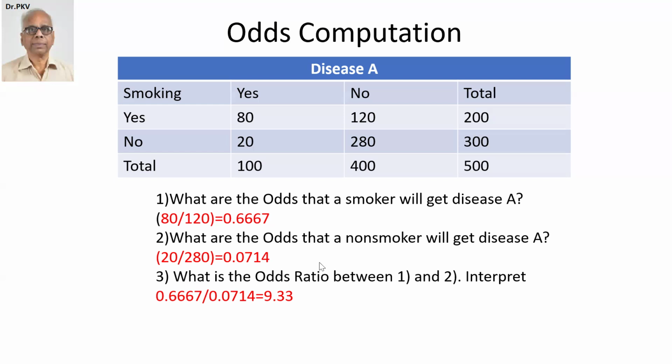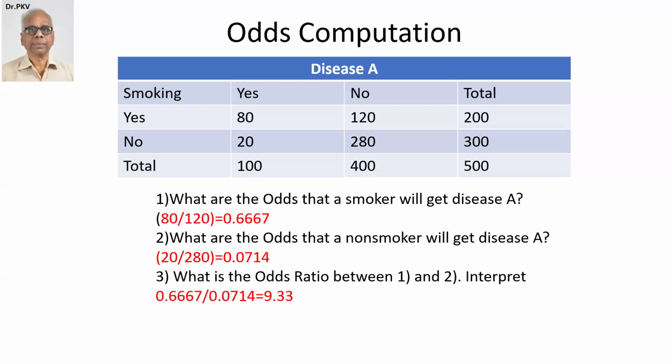And let's now look at the interpretation part. The first two are pretty simple. What are the odds that a smoker will get disease A? It is 0.667 to 1 or 80 to 120. In other words, the odds that a smoker will get disease A is 80 divided by 120; not getting the disease is 120 out of 200, getting the disease is 80 by 200, and therefore the odds are 0.667 to 1.